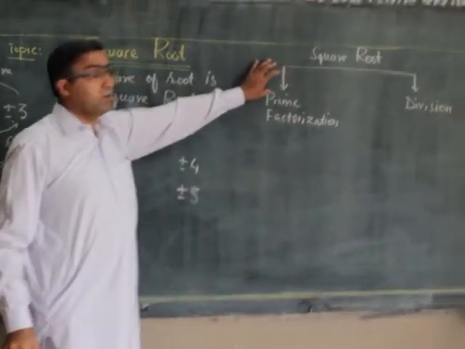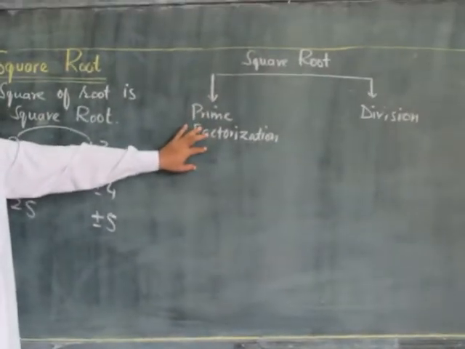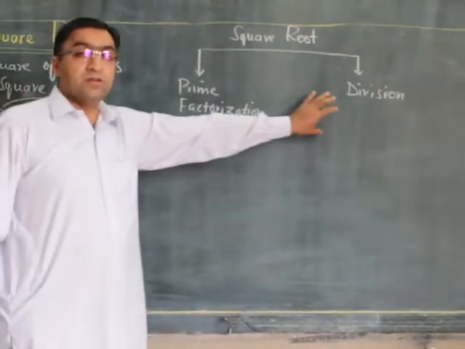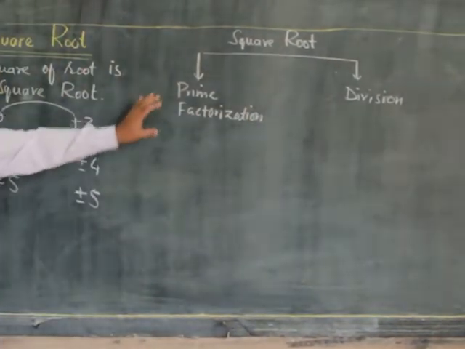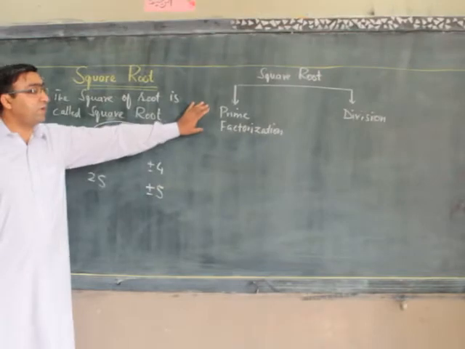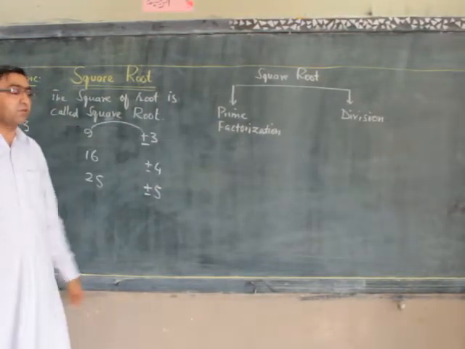We can find square root of a number by prime factorization and by division method. So how we will find the square root of any number by prime factorization?